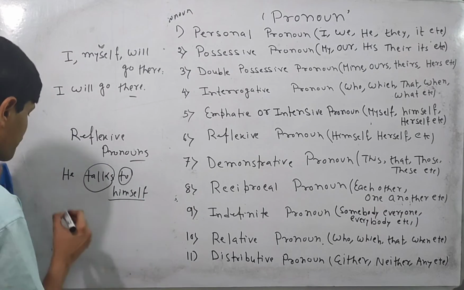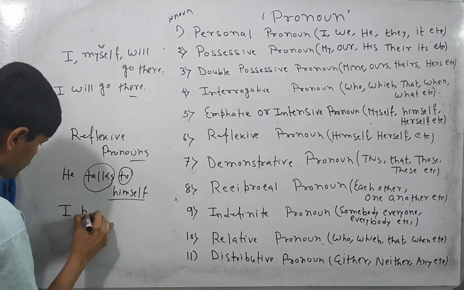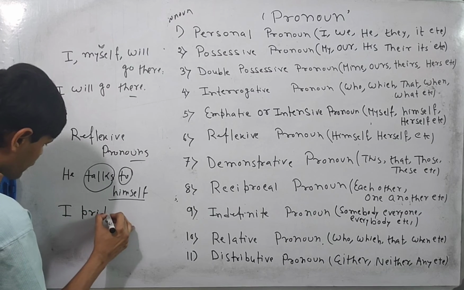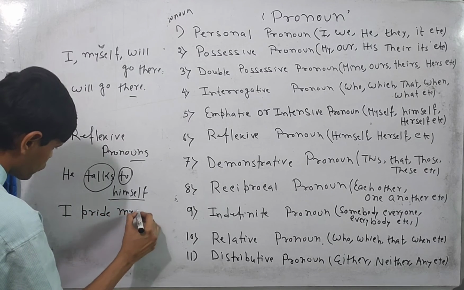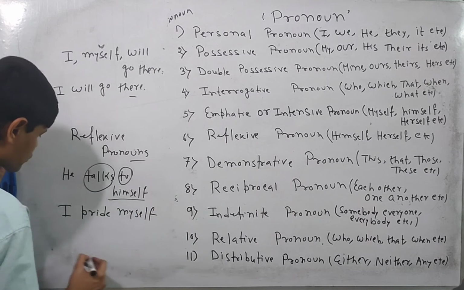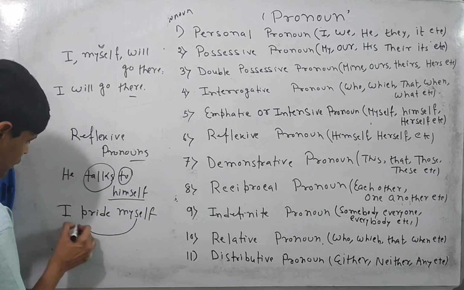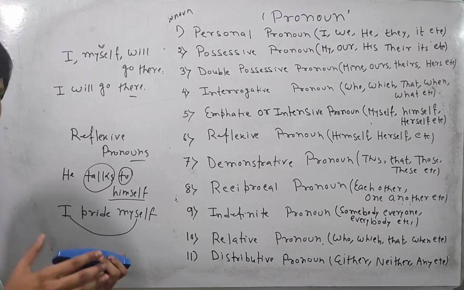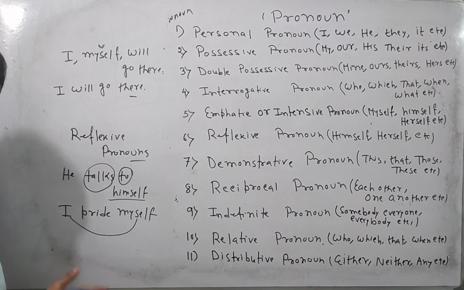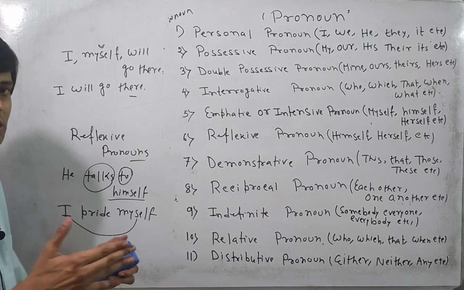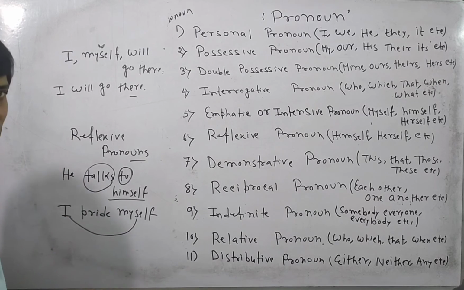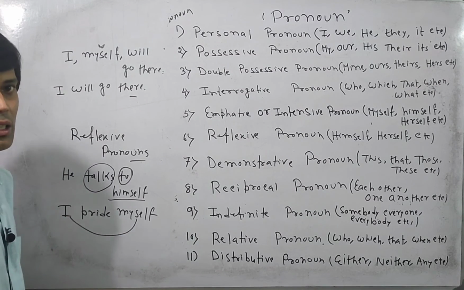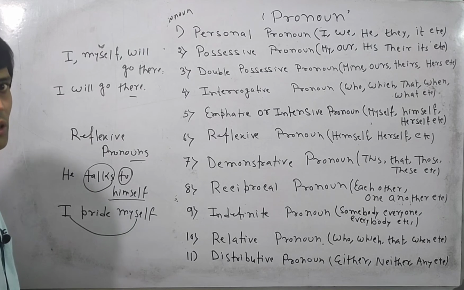For example, I pride myself. Now look over the sentence construction. Myself has come from the word I. I is a subject. That's why I have said whenever the reflection of the subject falls upon the object, it functions here as the reflexive pronoun.